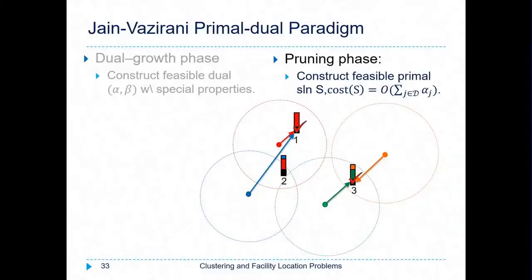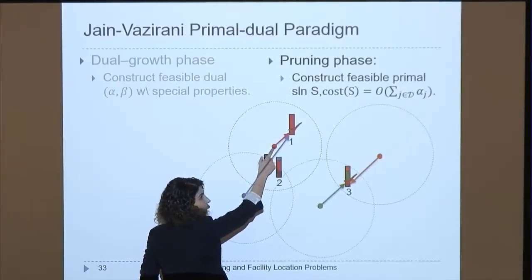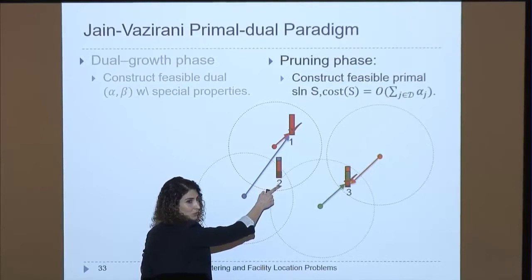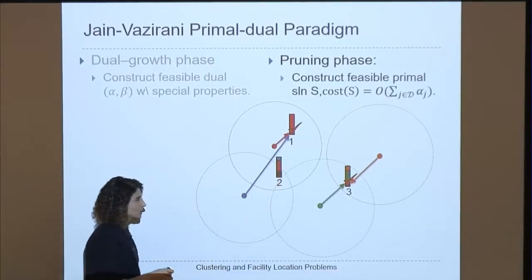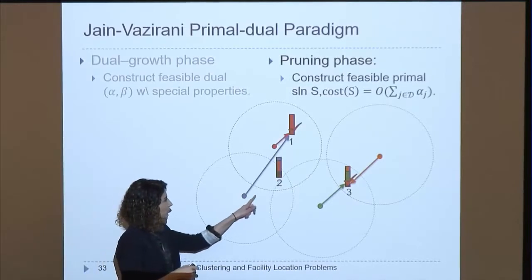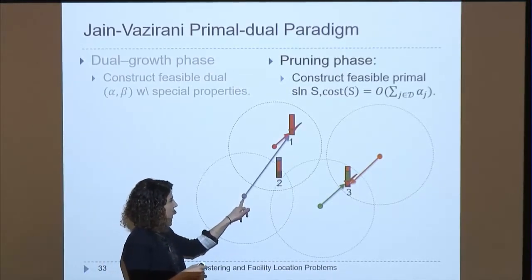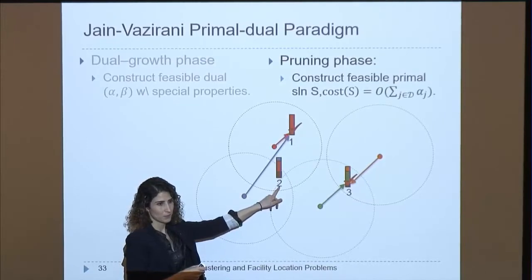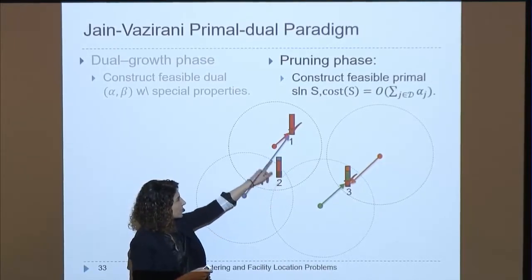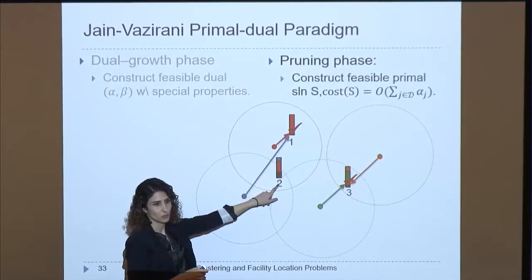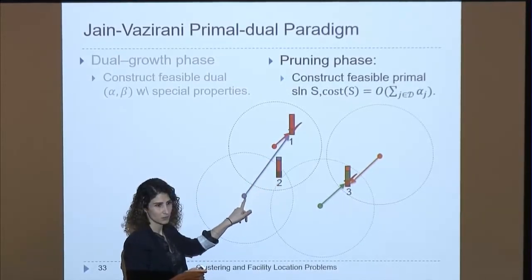And so now let's do the analysis. Why must the other balls also be alpha j for the blue one? The idea is the following. This red client is making a contribution toward this facility, right? And this blue client stopped increasing its alpha j when this one became open. So it means that this red one also stopped contributing toward 2 at the point that this one stopped.